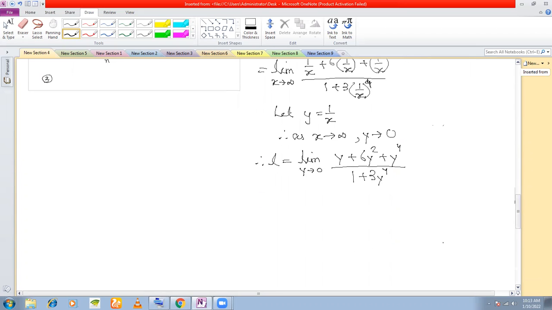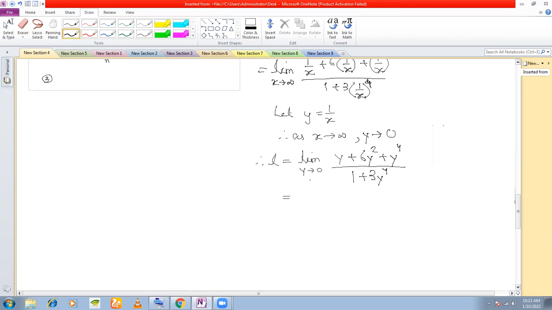Now, is this a determinate form? Can I put y is equal to 0 now? Yes, sir, because we are not getting denominator equal to 0.